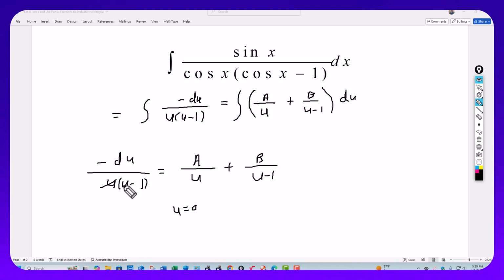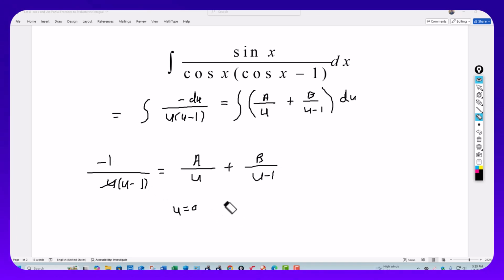Put a 0 where the u is. We have 0 minus 1, which is minus 1. And remember, on top we have a minus. It's just the numerator. Don't include the du or the dx, whatever you're working with. So if I let u be 0, this gets me -1 over -1.